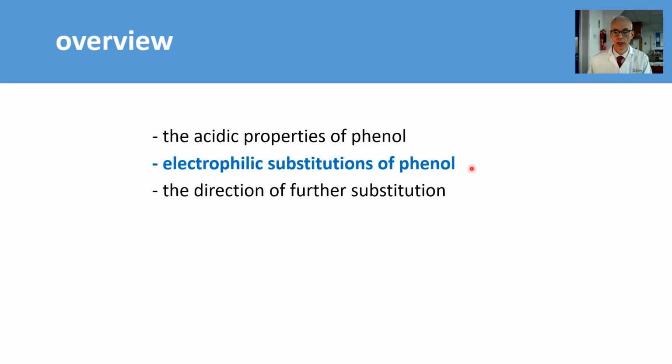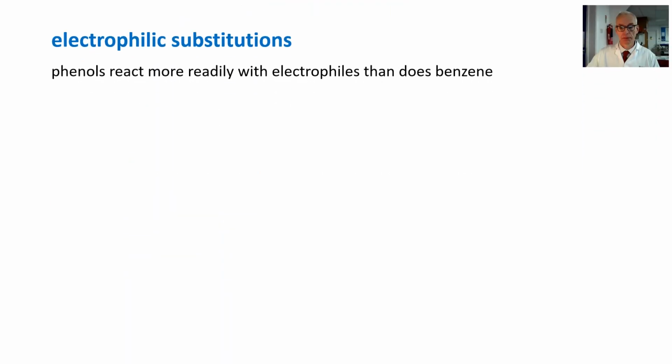Moving on, let's look at the electrophilic substitutions of phenol and the relative reactivity of phenol compared to benzene. So moving on to the reactions of phenols, they of course are electrophilic substitutions, and we can show that phenols react more readily with electrophiles than does benzene.